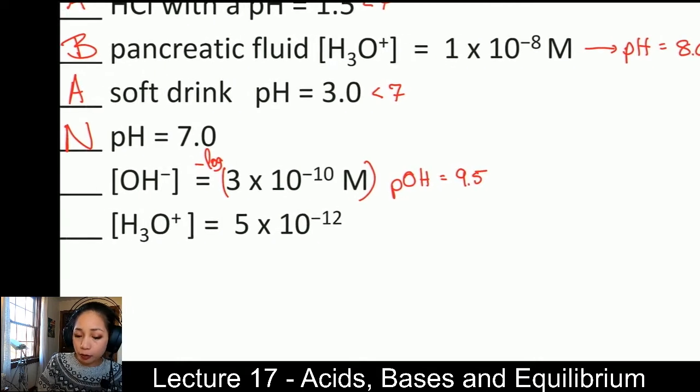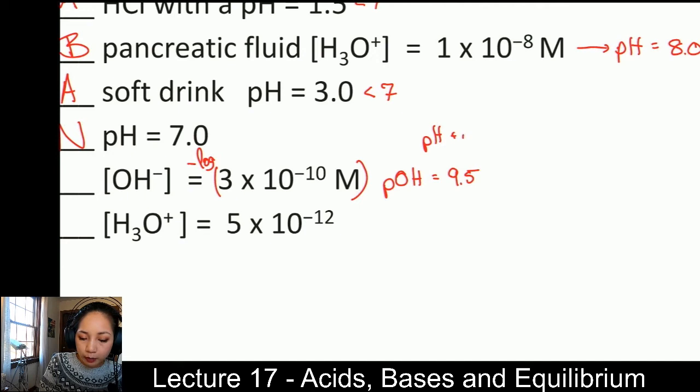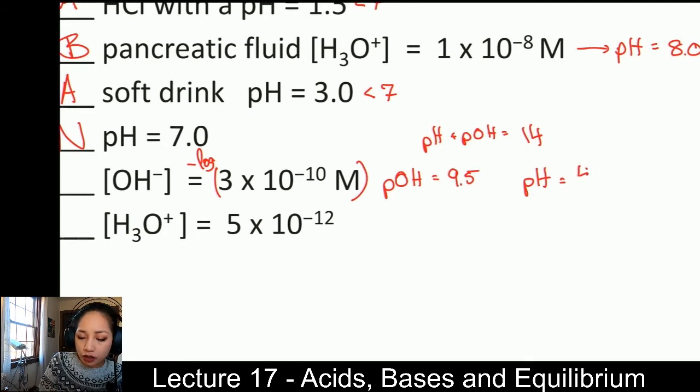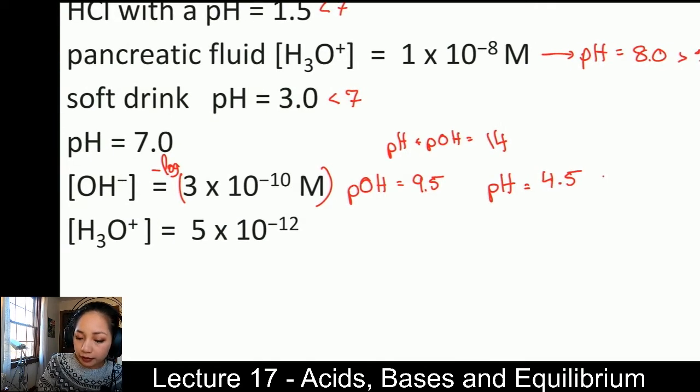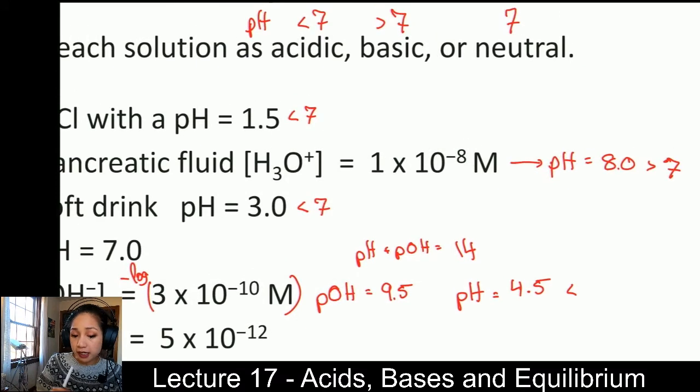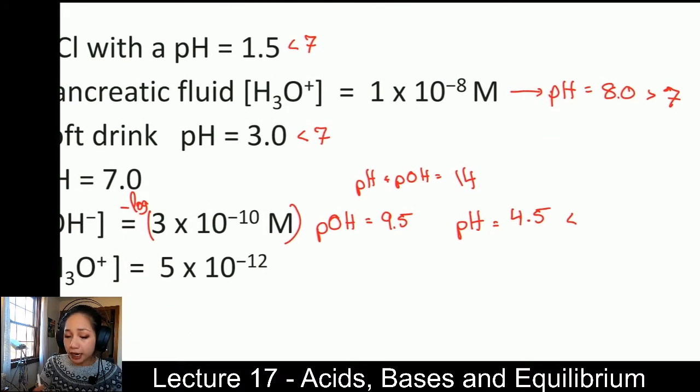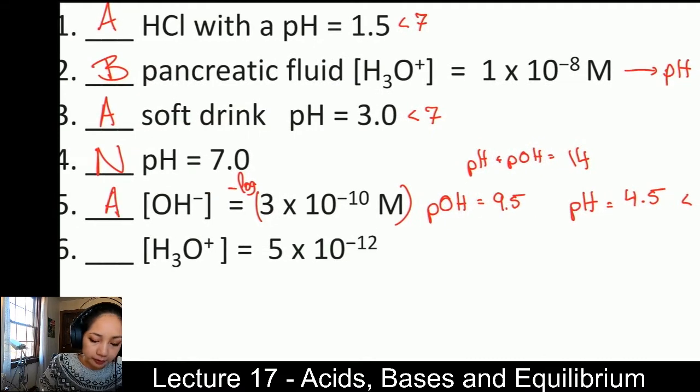Remember, pH plus pOH always equals 14, so for our pH, 14 minus 9.5 gives a pH of 4.5. Since pH is 4.5, that's how we determine if something is acidic, basic, or neutral: from our pH value. Since this is less than 7, this would be acidic.